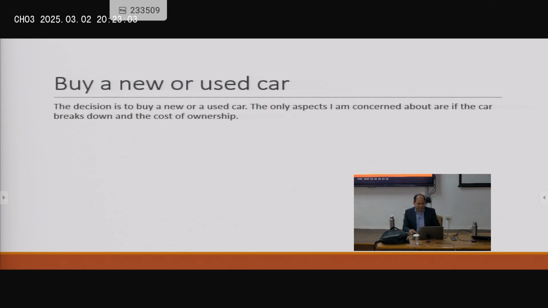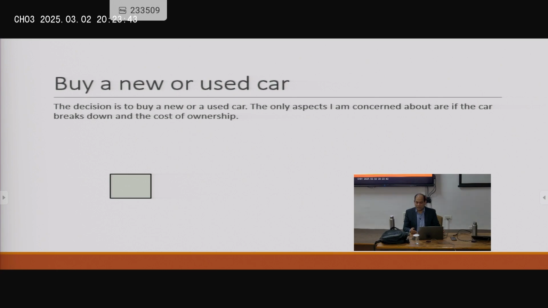And the only aspects I'm concerned about are if the car breaks down and the cost of ownership. Not how much you pay in the beginning, but how much you pay in repairs when you own the car. Actually, it's better if you try drawing this yourself, and then we can go from there.